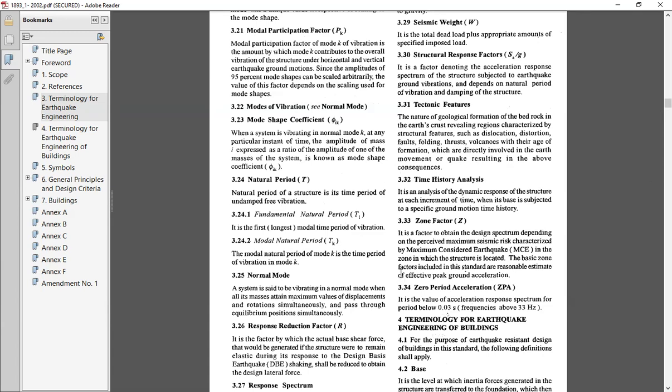Okay, then we have here the response reduction factor.